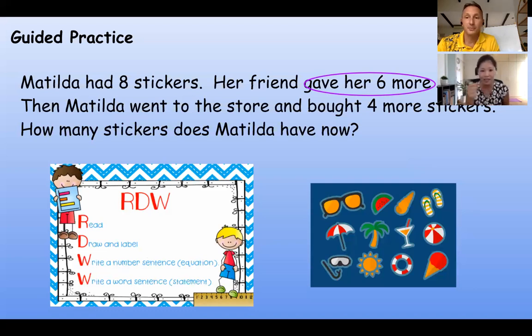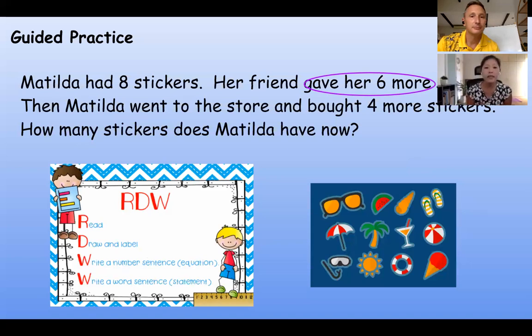What do you think, Mr. Regan? I'm thinking that too. Yes, so she had 8 stickers and then she got 6 more. So I'm going to say the first equation is 8 plus 6 equals, and I know 6 and 6, the double, is 12, plus 2 more, 14. So far, Matilda has 14 stickers. Okay, step 1 done. I'm going to keep going. Ready?